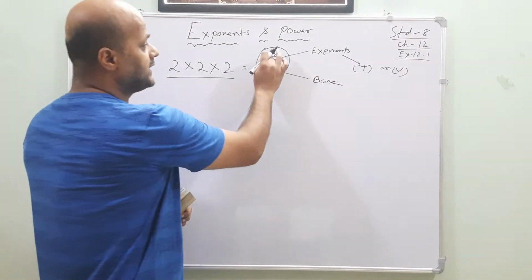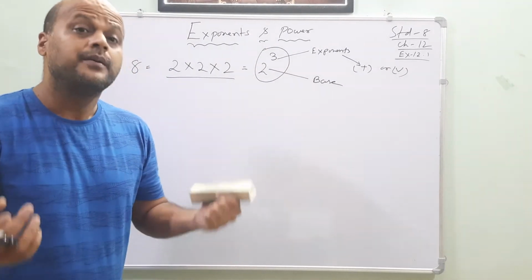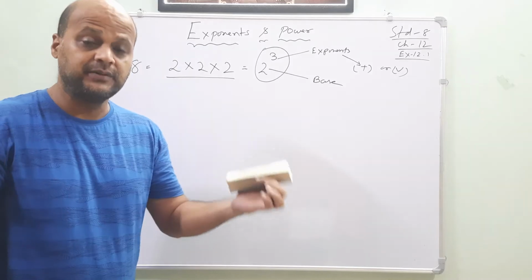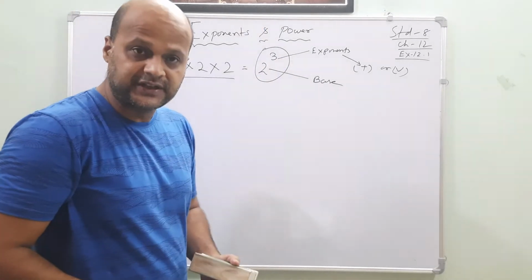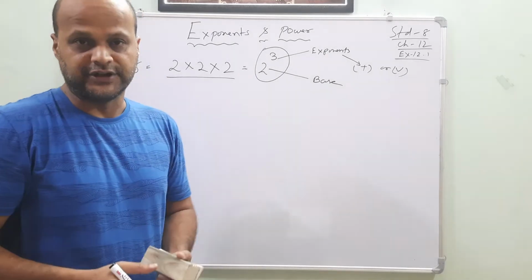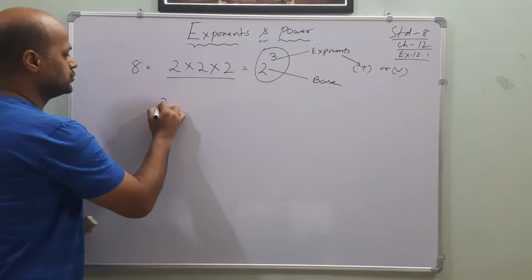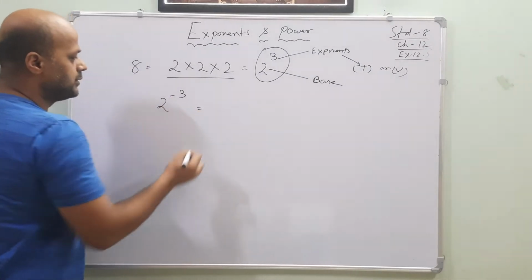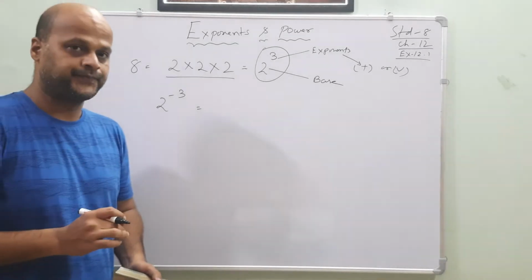If it is minus there, then I will say that the exponent is minus. The exponent is in minus form, or you can say that it is a positive integer or a negative integer according to the given question. If the question is like this, 2 to the power of minus 3, now just tell me, my dear friends, how I will read it.